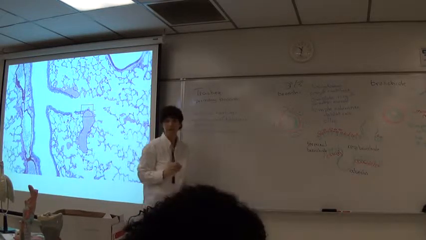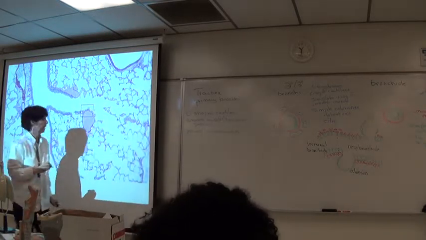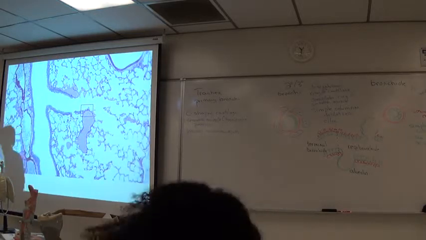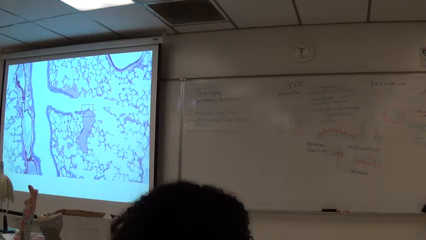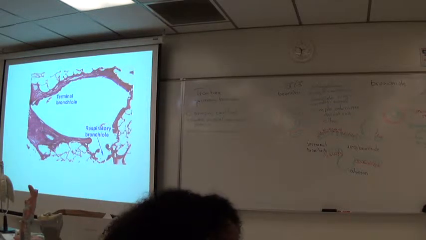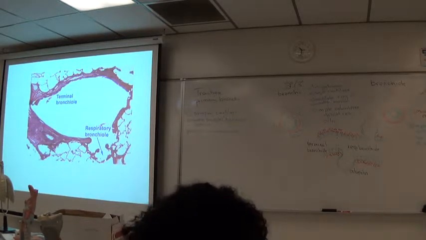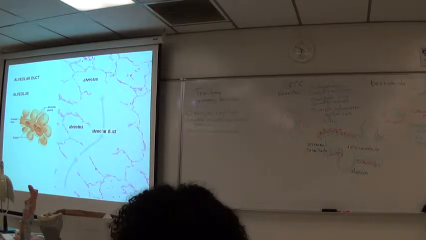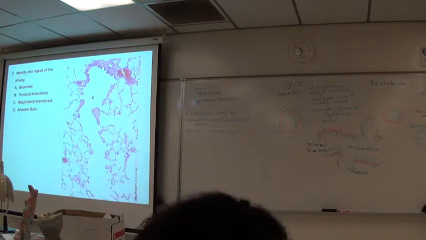Okay? So again, they're a lot easier to identify on a longitudinal section. On a cross section like this one, I wouldn't have put the terminal bronchiole up there because it's part of the respiratory component. See if I have other slides.